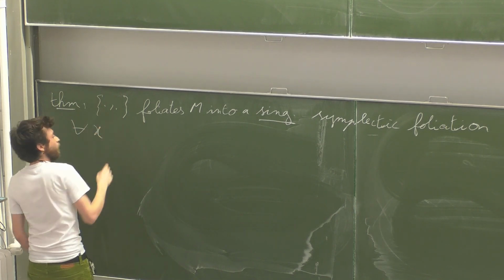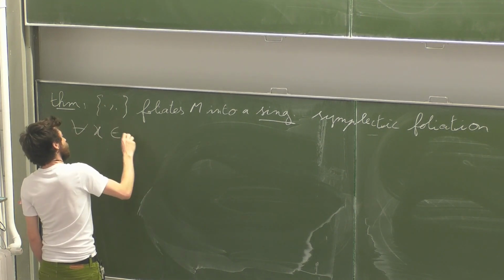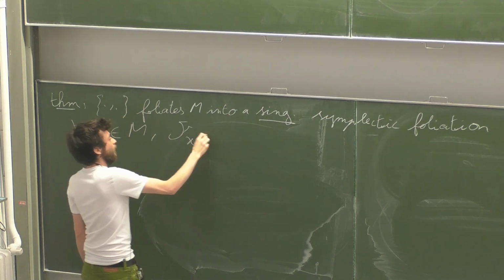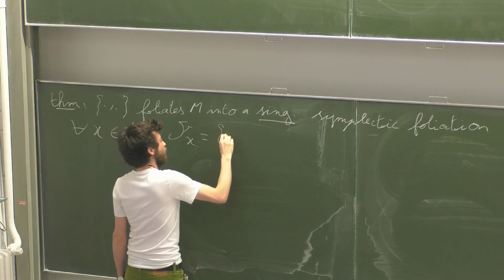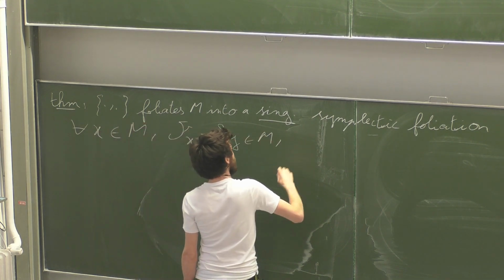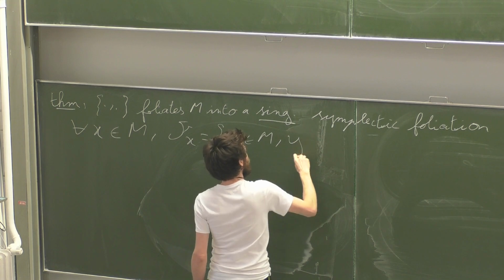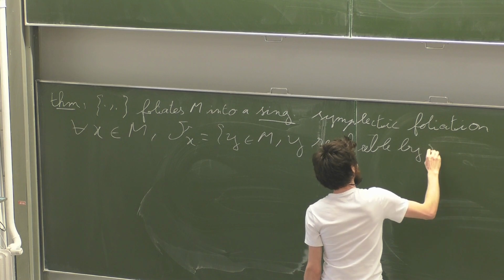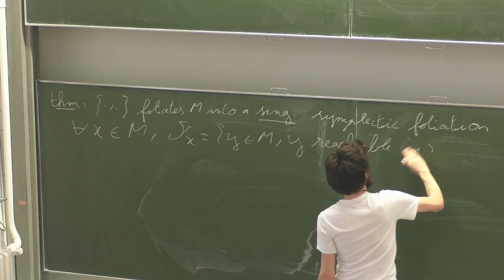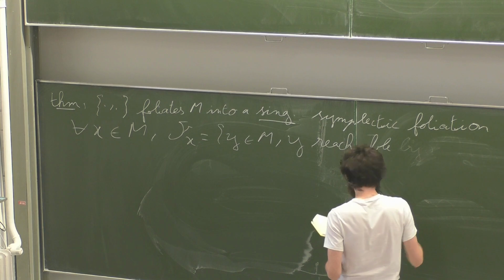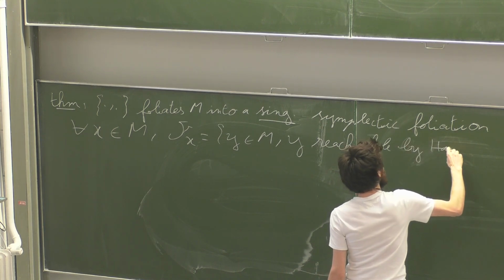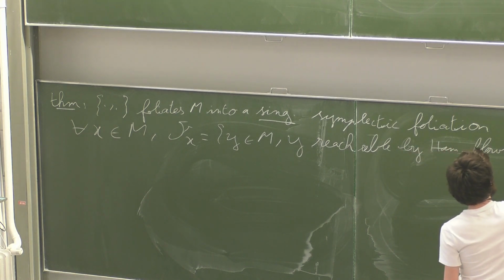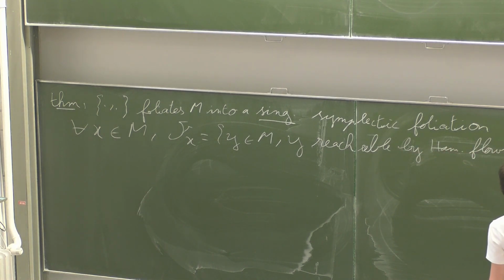It means it induces a partition of M, and the leaf of M, which I name F(x), is all the y such that y is reachable by Hamiltonian flows starting from x.